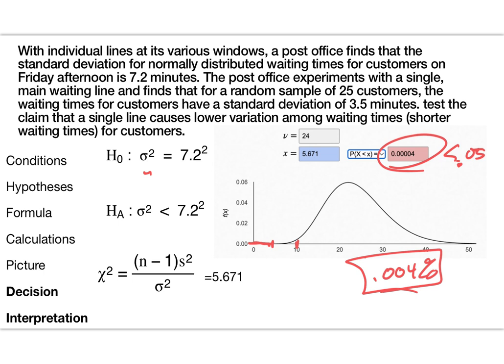Since that's so small, it would make me want to look at adopting this for not just Friday afternoons, but maybe all afternoons. Run some data, collect some stuff, and see if the variance actually decreases there as well.